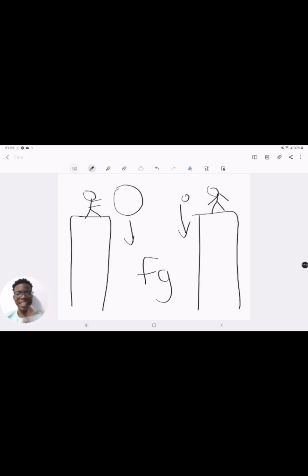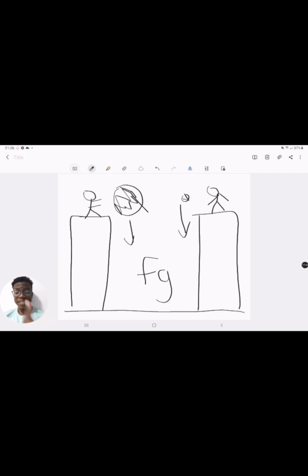Now, since these two objects, this big watermelon and this very small pebble, are experiencing the very same force, they will reach, if they are released at the exact same time from the exact same height, and we ignore the effects of air friction or air resistance, we pretend as if the air is not there, or the air has no effect, right? These two objects will reach the ground at the exact same time. Why?